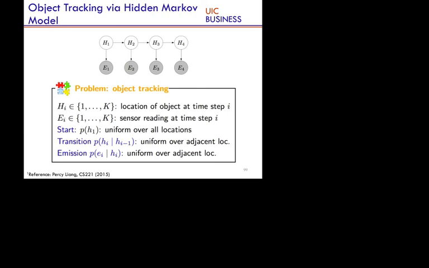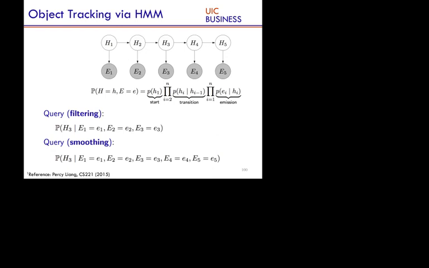I'm not indexing it, so I'm assuming the same joint distribution holds across any two time steps. The joint distribution of the hidden variables taking some values and the observed variables taking some values is just a product form that we've already seen. This is the same as what we studied in the first lecture.